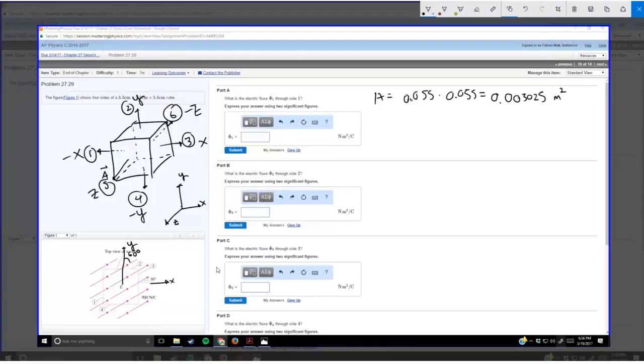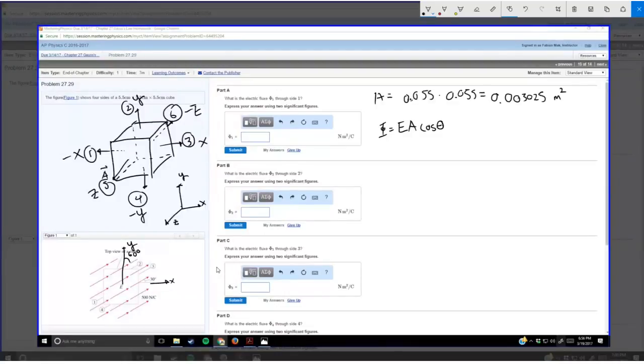Okay, the electric field has a strength of 500 newtons per coulomb. Okay, so the flux is going to be the strength of the electric field times the area times the cosine of whatever angle is being made with that area vector face. Okay, so if E points in the opposite direction of A, right?